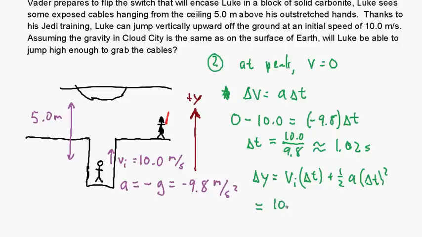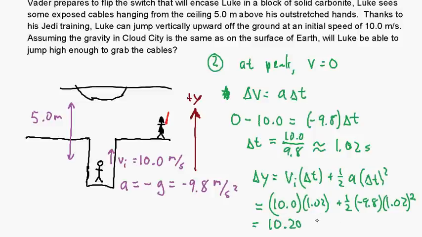Initially 10.0 meters per second times 1.02 plus 1/2 times negative 9.8 times 1.02 squared.